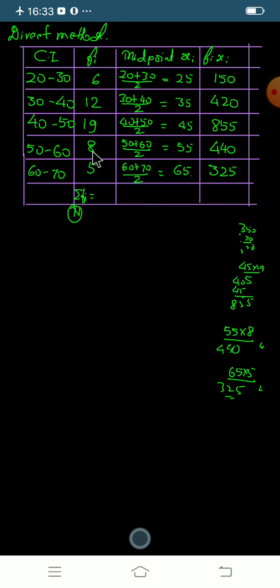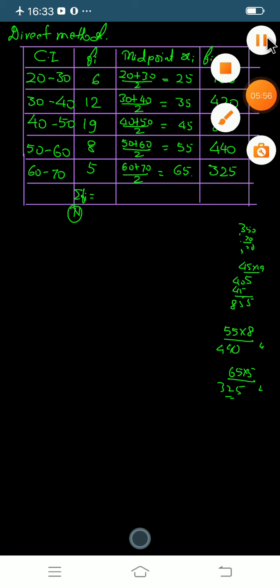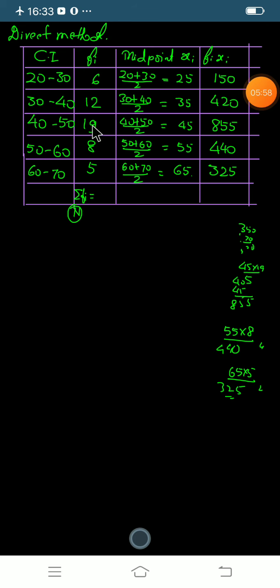Instead of going like this, we can add the frequencies together. So 50 is the number of frequency, 50.